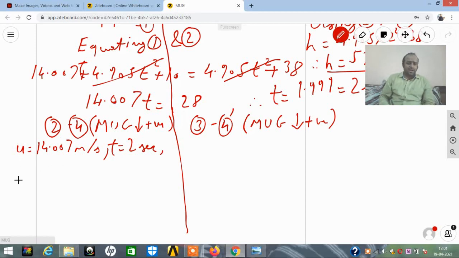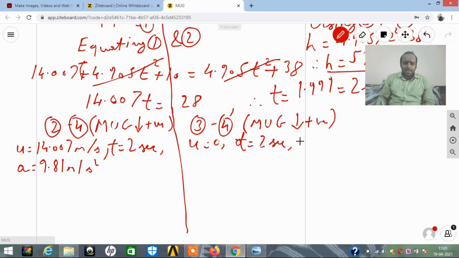So I can write it directly as v is equal to u plus at, with a equal to 9.81 meter per second square. For the second stone, the initial velocity is 0, t is equal to 2 seconds, a is equal to 9.81 meter per second square.